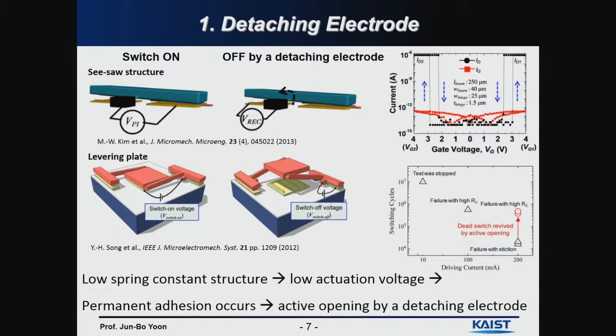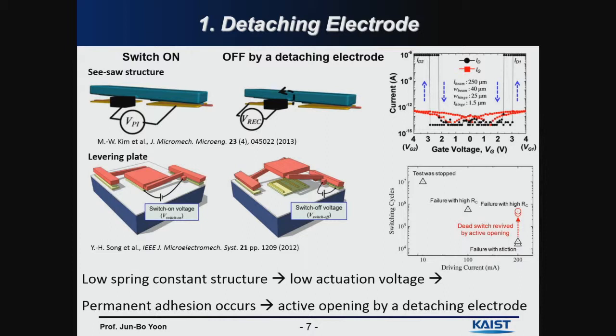So the first one is the detaching electrode. In order to detach from the electrode stuck to the bottom, we can apply the voltage to the other electrode. This is very similar to a seesaw structure. By using this mechanism, we can get down to 3 volts, or we can make some levitation plate using the levering structure. Because you know the electrostatic force is always an attractive force.